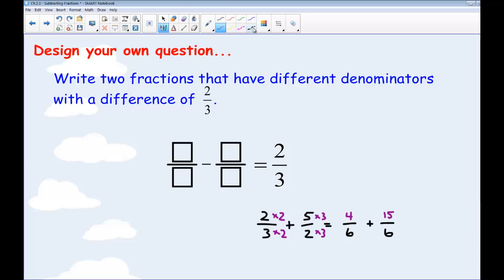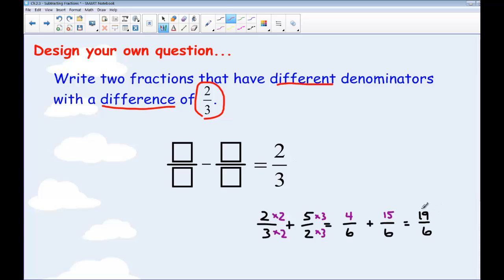So when I add the two fractions, I get 19/6. Now, if I think about it then, in terms of this question, it wants a difference of 2/3. Okay? Two different denominators with a difference of 2/3.